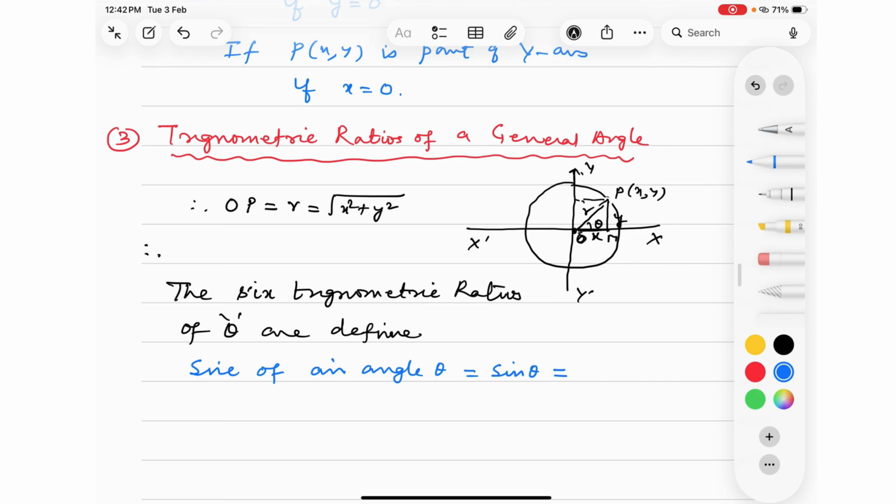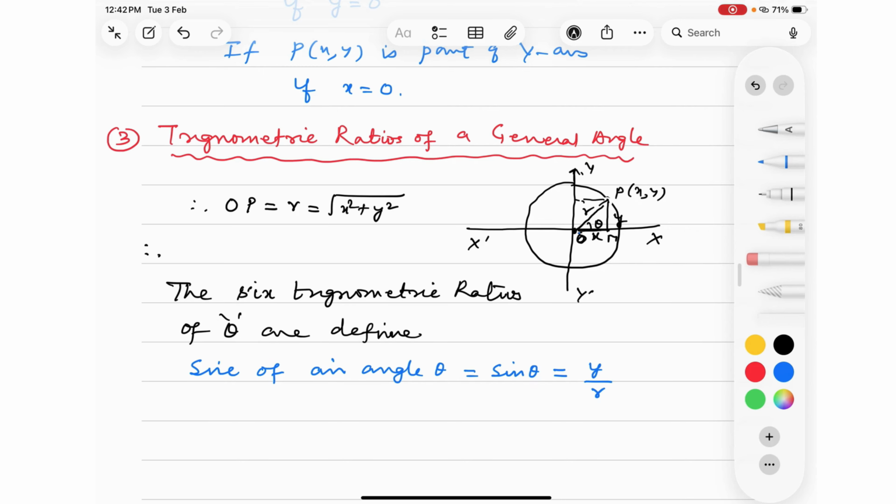Remember, it is equal to y divided by r. Y is the opposite side of theta. R is the radius, that is called the hypotenuse. Y is called the ordinate and r is the distance of O from P. Sine theta is equal to y by r.